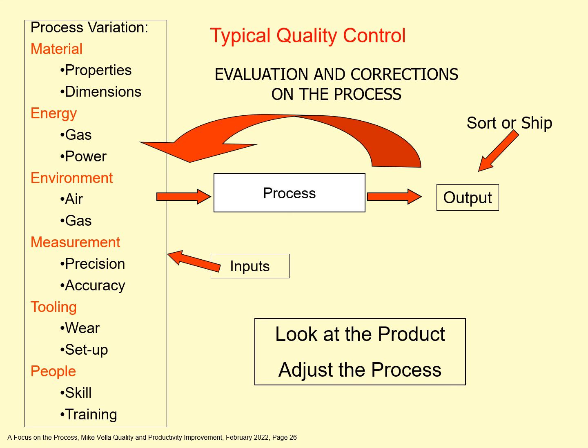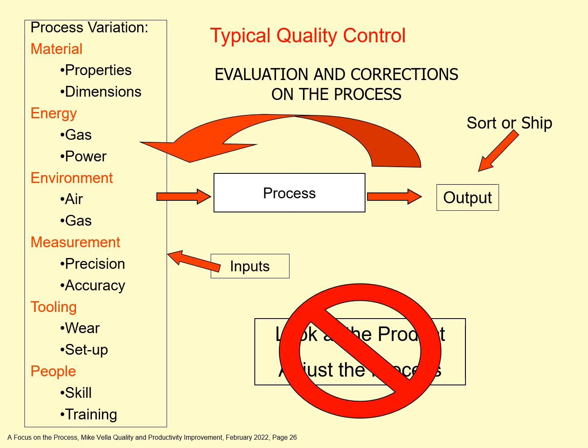People decide whether it's good or bad, and they scrap or ship based on that. They look at the product, and if it's not right, they adjust the process. Maybe again, you've got those process variables on the left-hand side. It's not the optimum method.